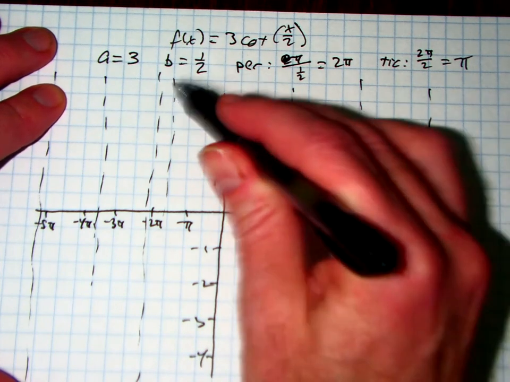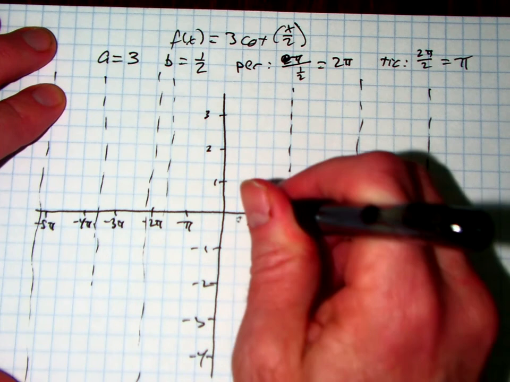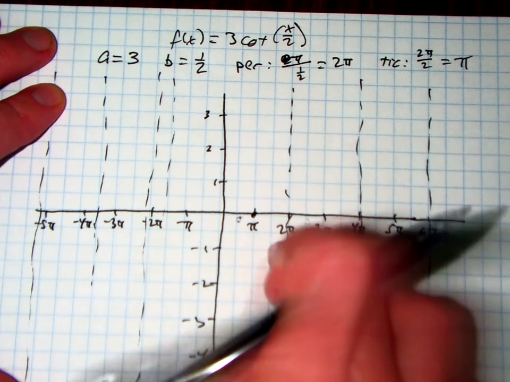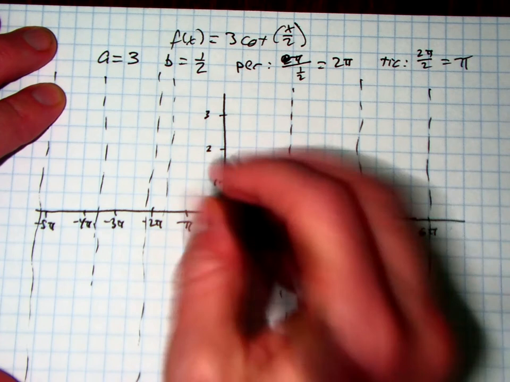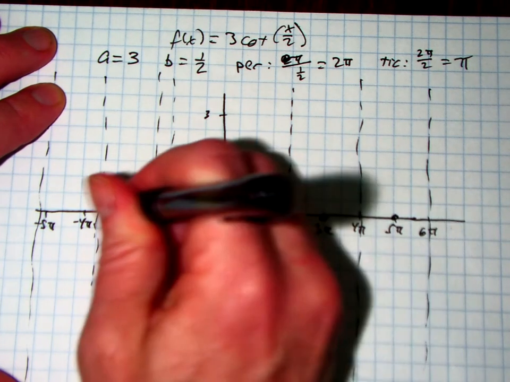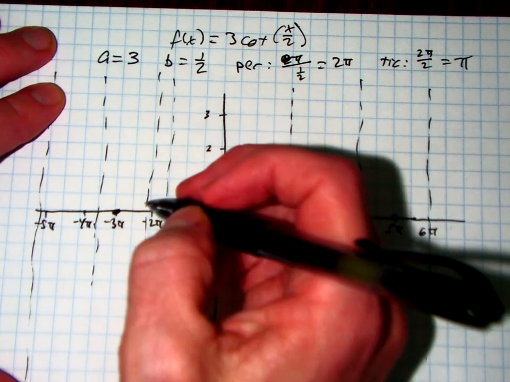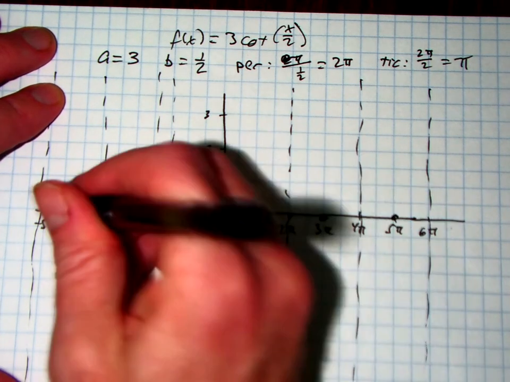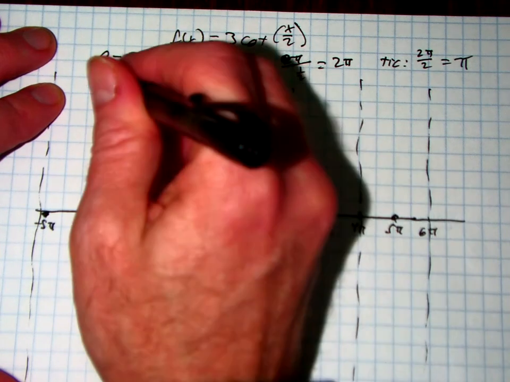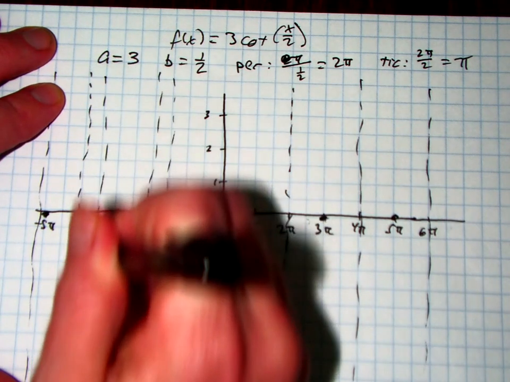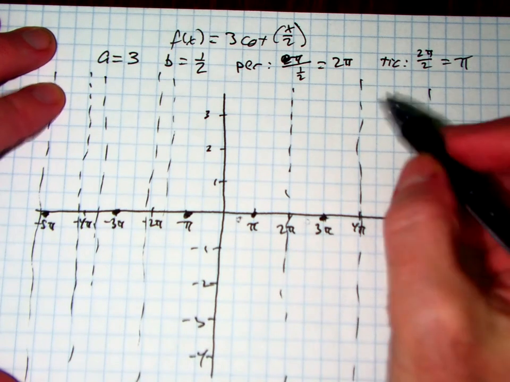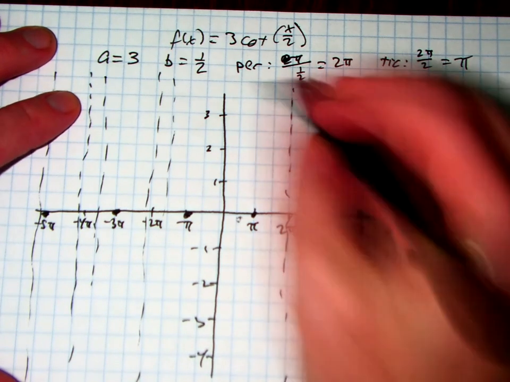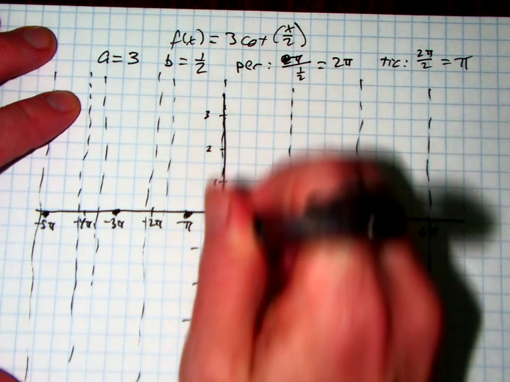So here we are going to, and every other tick mark, again, so we got our asymptotes in there, pi, 3 pi, 5 pi, negative pi, negative 3 pi, and negative 5 pi. I see what I did. Yuck. This is why you shouldn't use a pen when you're doing mathematics. But here's the deal. And also my y-axis is an asymptote.